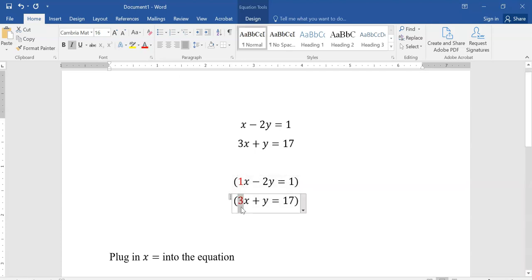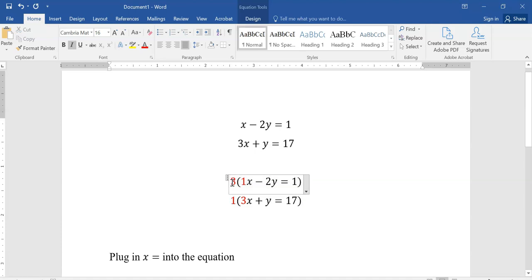So what I do is I take the 1 and 3, and I'm going to swap those numbers. I'm going to take the 3 and multiply it times the top equation, the 1 by the bottom equation, except I have to change one of the signs.